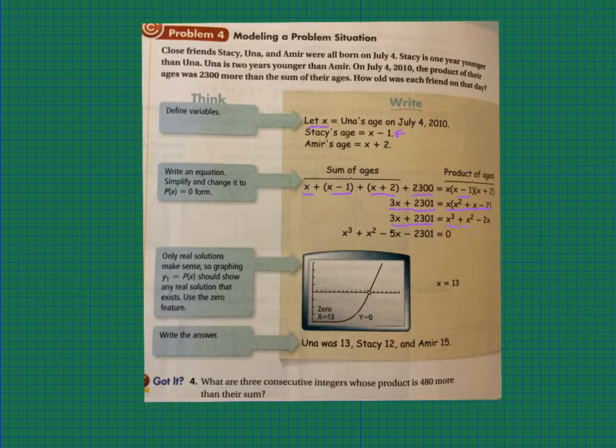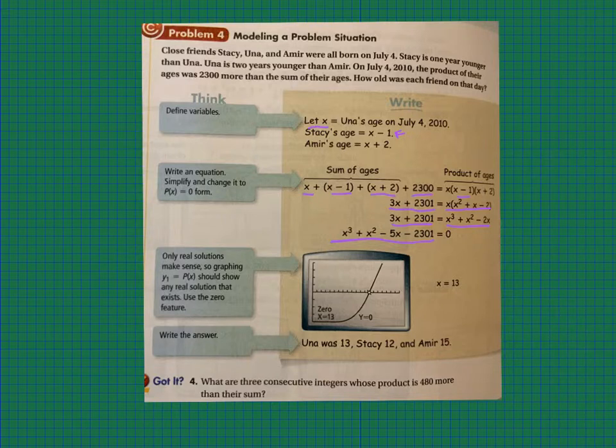We've combined everything now, and we have a polynomial equation: x cubed plus 2x squared plus 5x minus 2,301 equals 0. And we can plug that into the calculator and find some solutions.